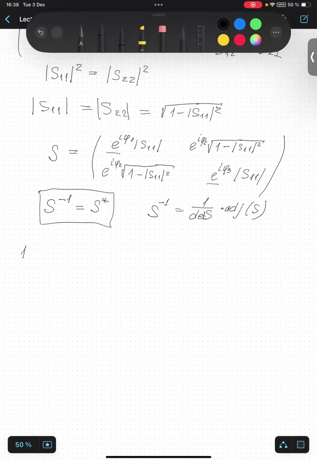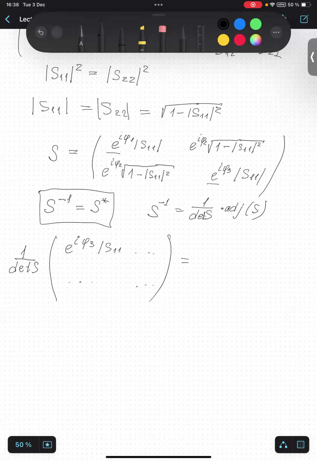So here I will write determinant S. What do we have here? We will have e^(i phi3) S11 and other components which I'm not interested in for now.